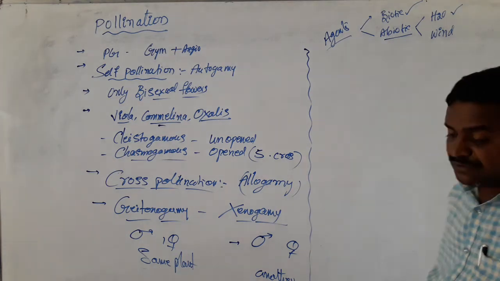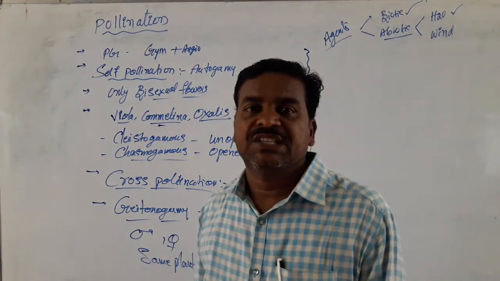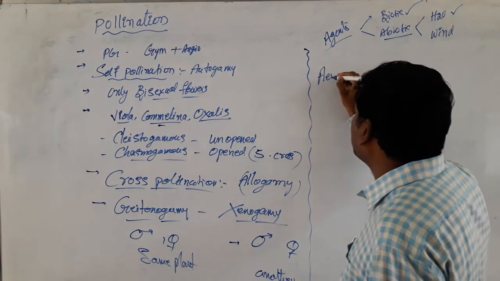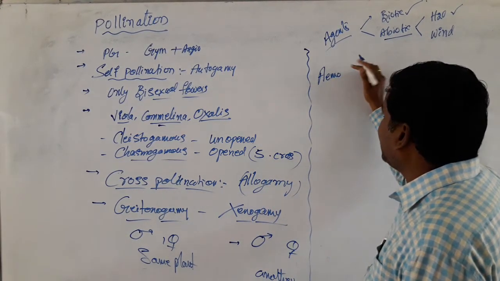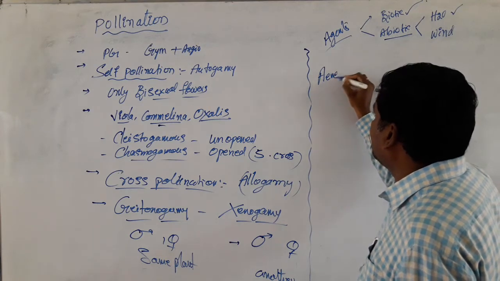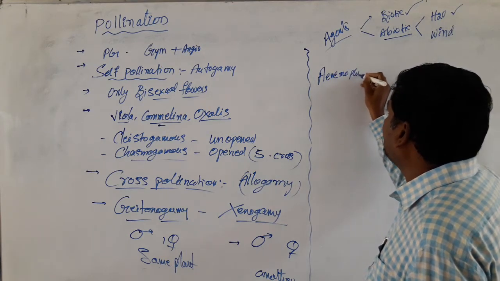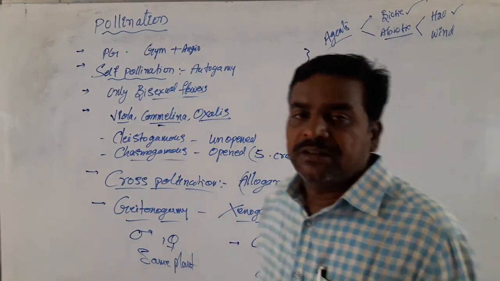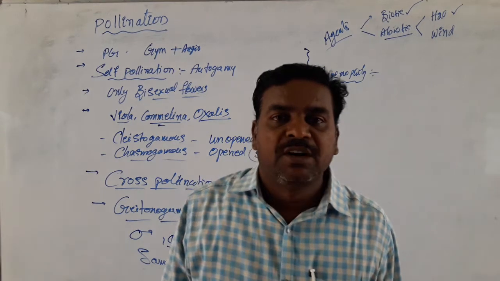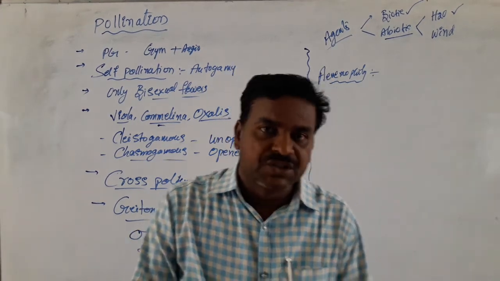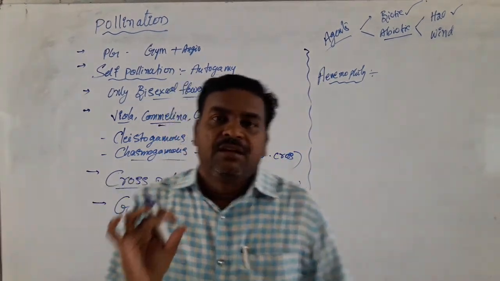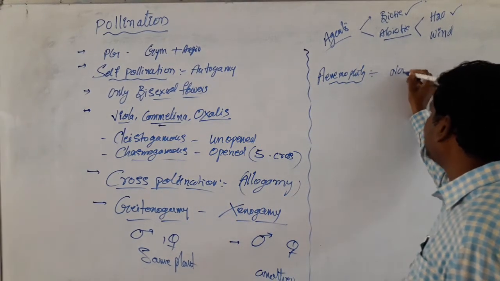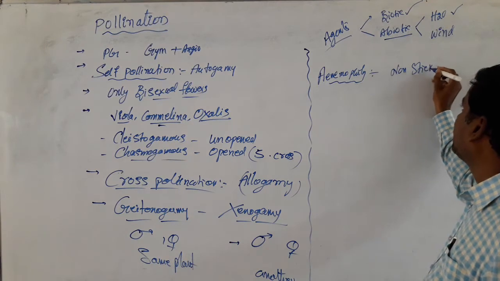These anemophilous flowers show some adaptations to achieve this cross pollination. Pollination by wind is called anemophily. So what are the adaptations of anemophily? These anemophilous cross-pollinated plants produce weightless, dry, non-sticky pollen grains.